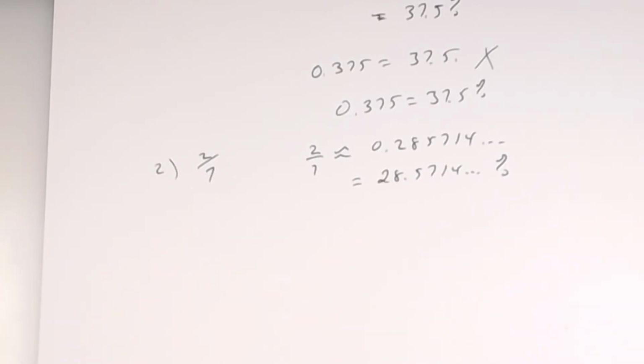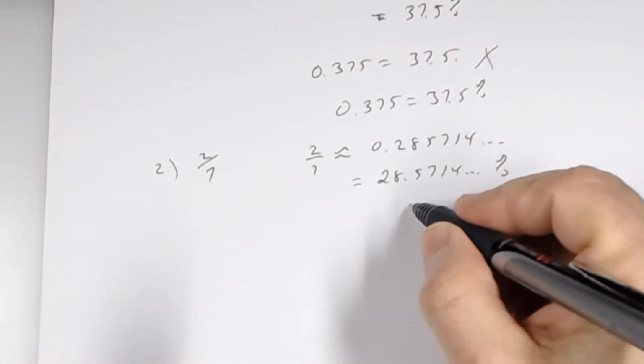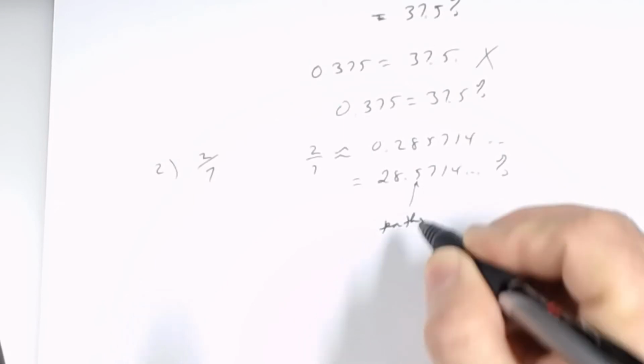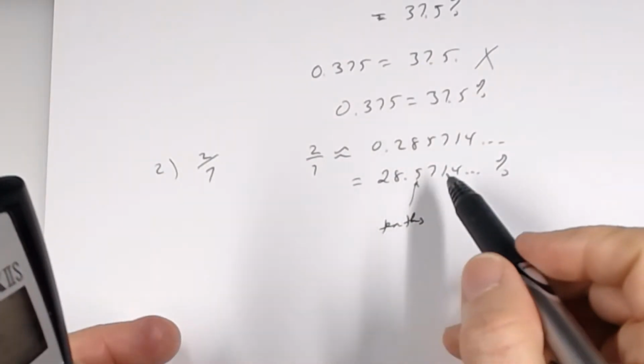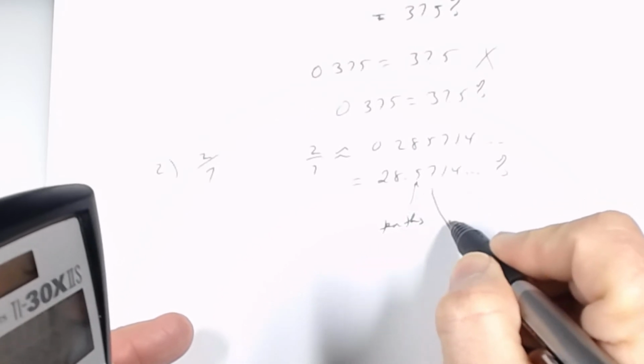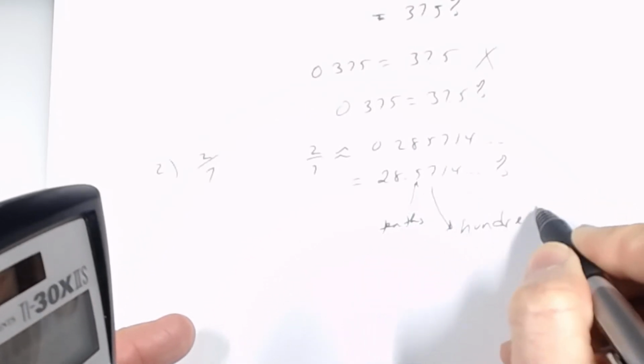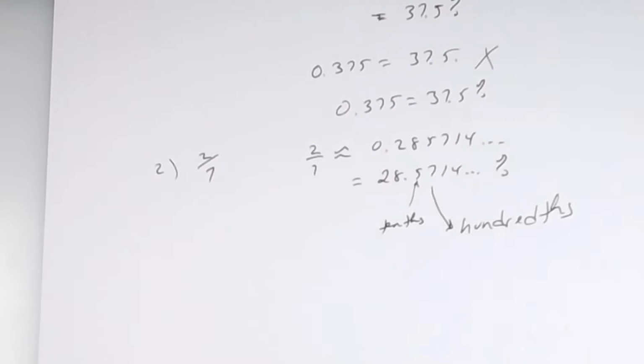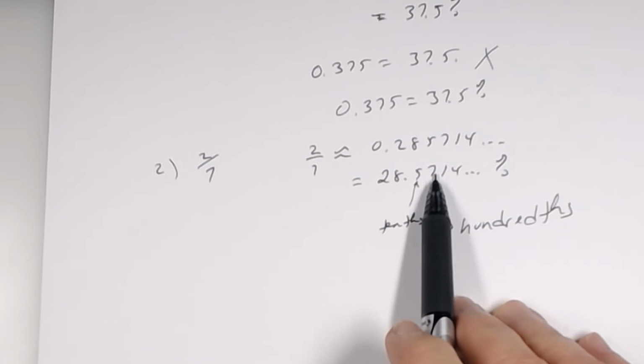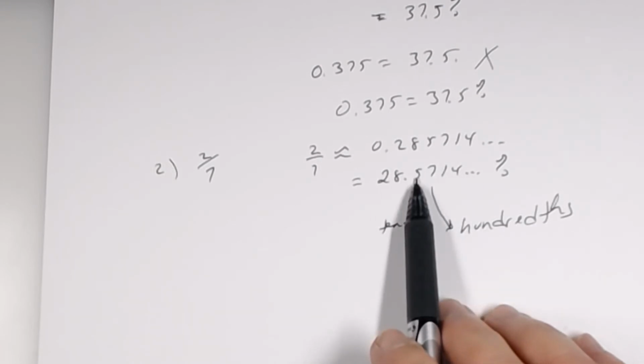Okay. But let's just go ahead and round to that first decimal point, the first digit after that decimal point. So you see when I did 28.57, let's round to the nearest tenth. So remember, this means the tenths place right here. So if the digit in the hundredths place is 5 or greater, what do I do to the tenths place?